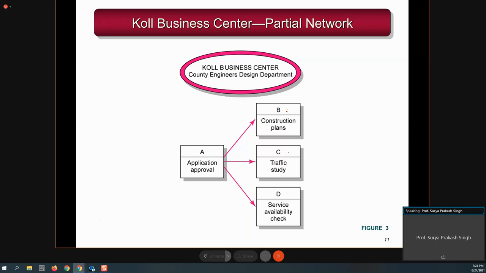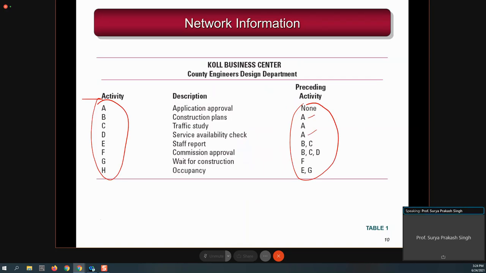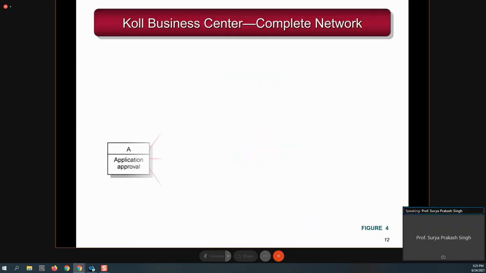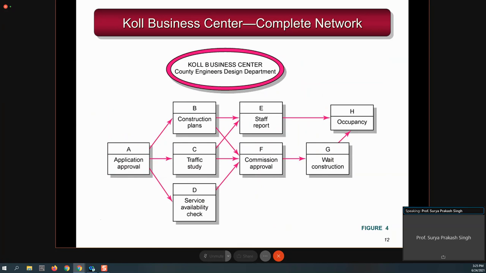Further going ahead, I see activity E. Activity E is related to B and C. If you have to draw that, you write activity E, and this activity E cannot start unless activities B and C are over. To represent that, you need to take an arrow for each.